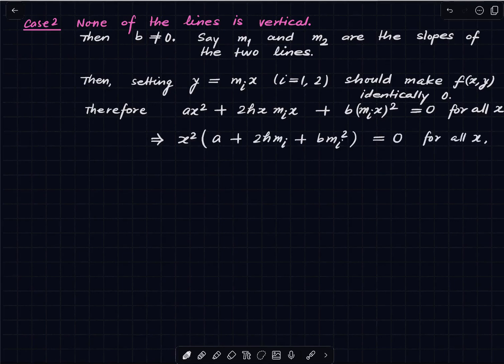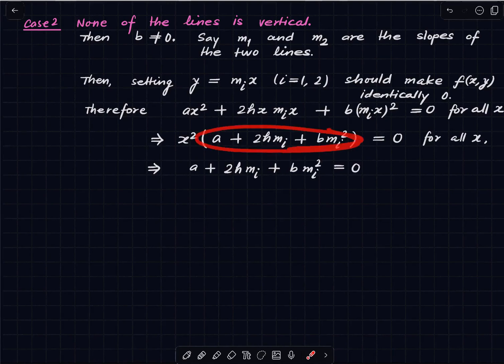And hence this multiplicand should be 0. Right? This is just a number. This thing is just a number multiplied by x squared is 0 for all x. So this number must be 0. So let me just write it in this way.